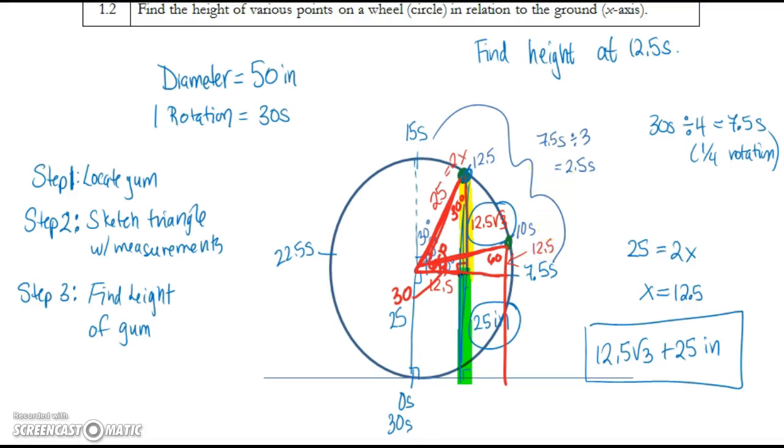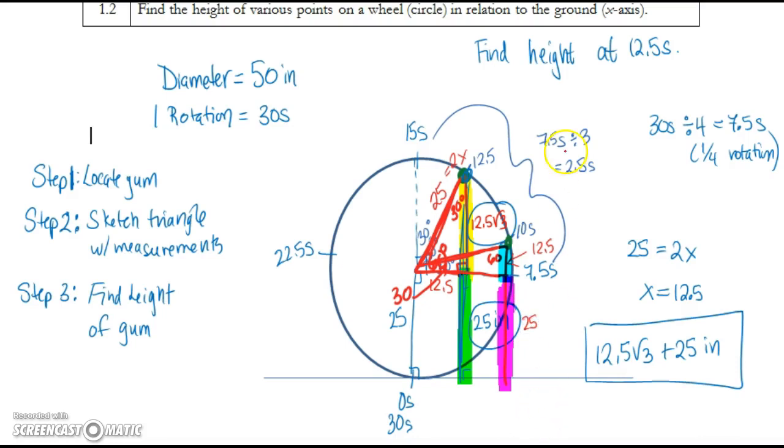And so to find the height of the gum, we can add this blue piece plus this purple piece. And the blue piece we said is 12.5, which is the x side of our triangle. The purple is the radius, and we determined that earlier to be 25 inches.